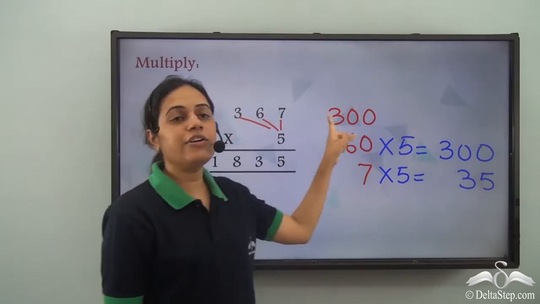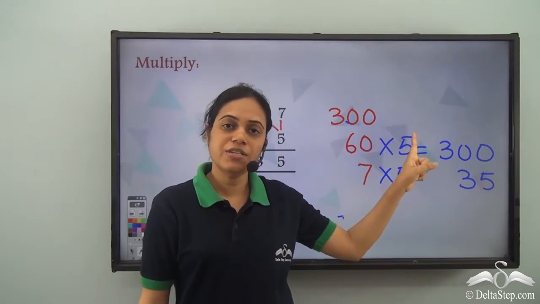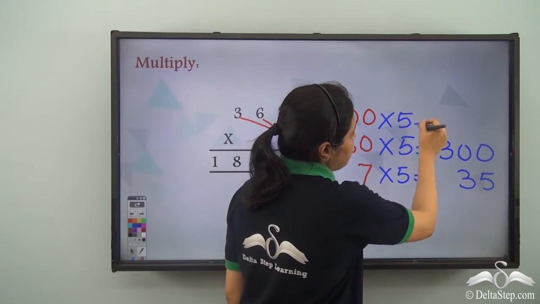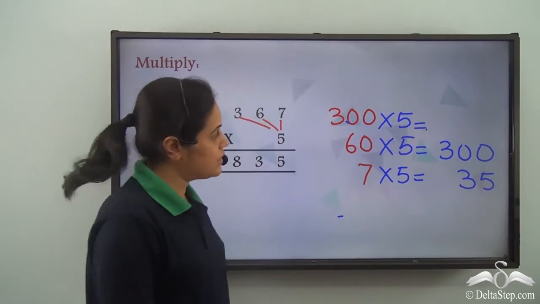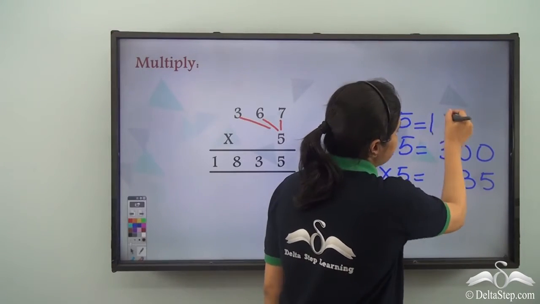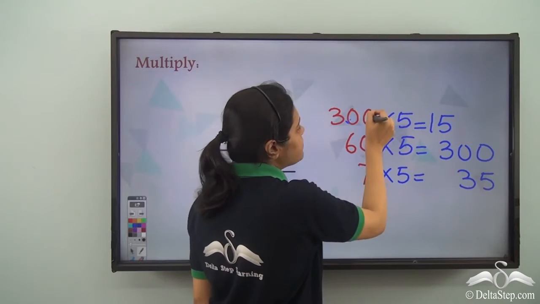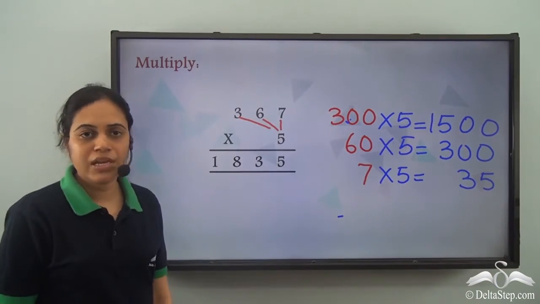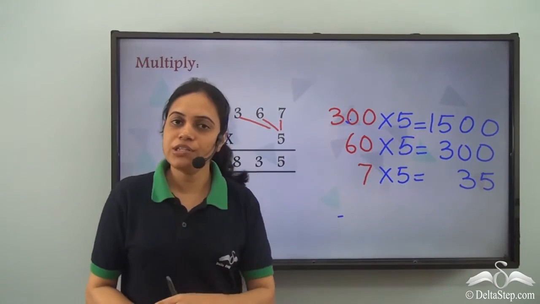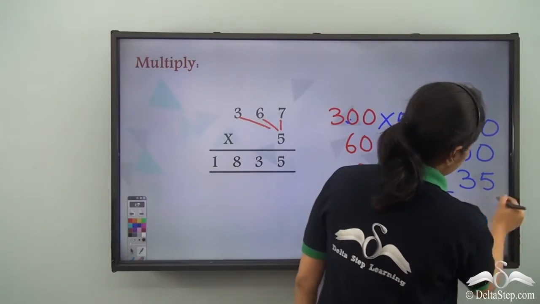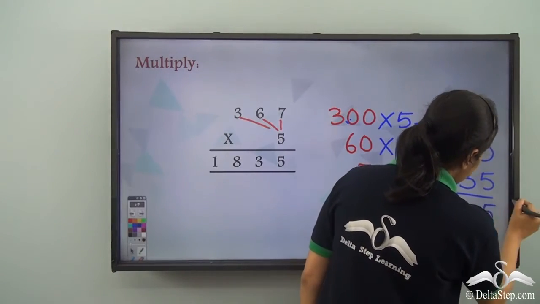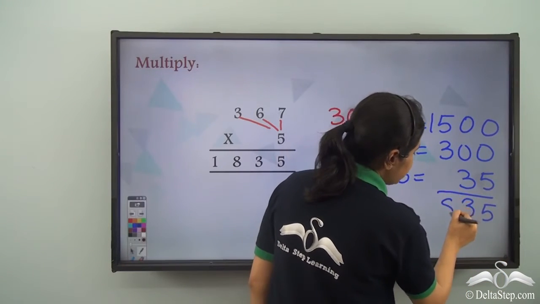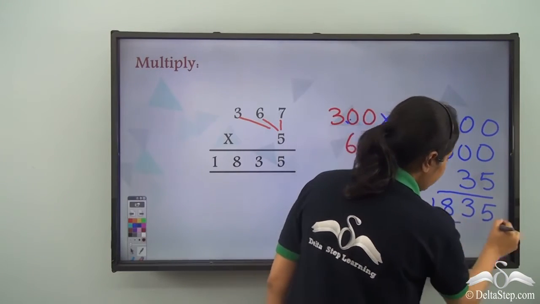Now I have 300. So if I multiply 300 by 5, what do I get? 3 into 5 is 15 and I have 2 zeros. So I put these 2 zeros here and now I add all 3. So 0 plus 0 plus 5 gives me 5, 0 plus 0 plus 3 gives me 3, 5 plus 3 gives me 8 and I have 1.